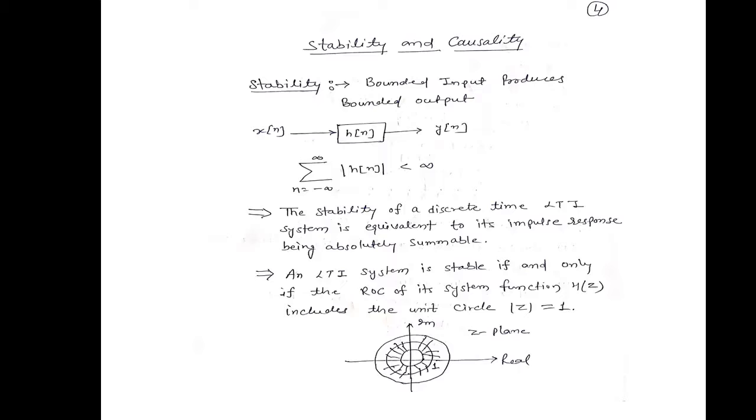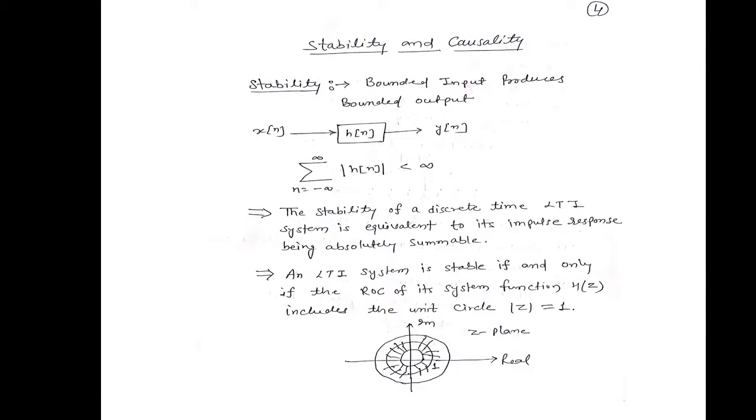What was the case? There was an x-axis which was the real axis and a y-axis which was the imaginary axis, and for the condition of stability the ROC must include the j omega axis.